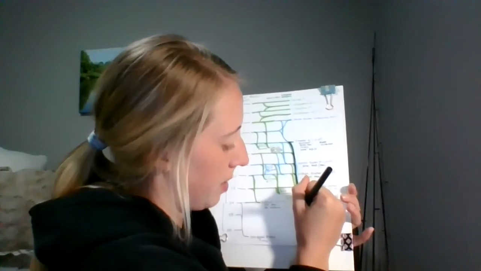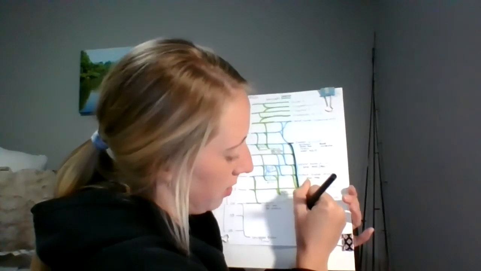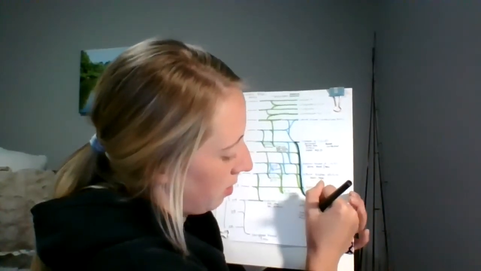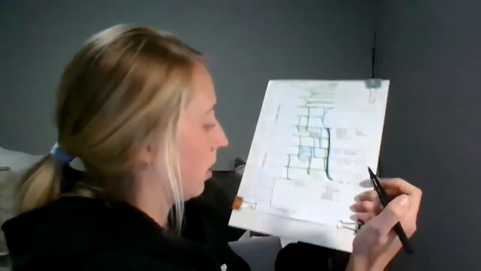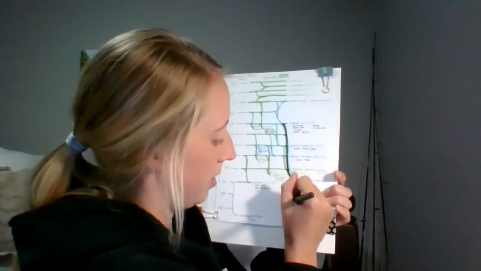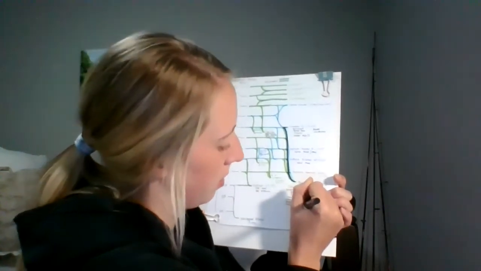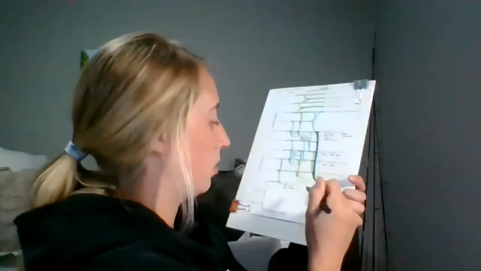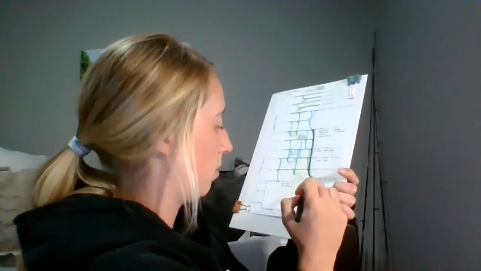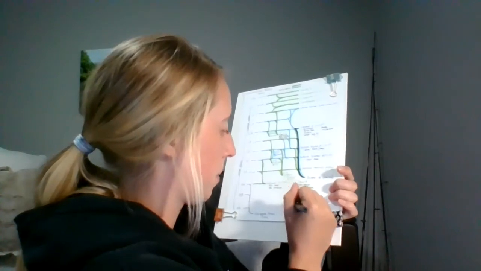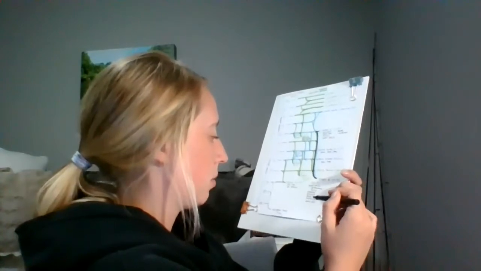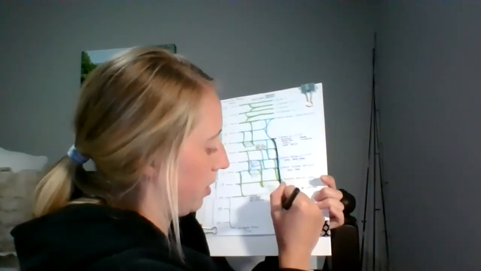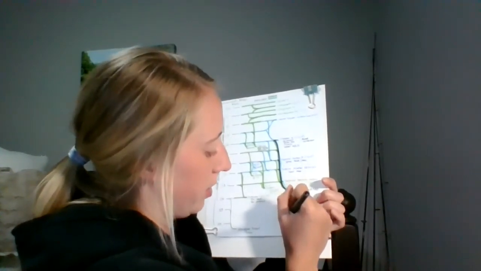It also innervates the semitendinosus, the semimembranosus, the biceps femoris long head, the plantaris and popliteus, and the tibialis posterior, the flexor digitorum longus, and the flexor hallucis longus.